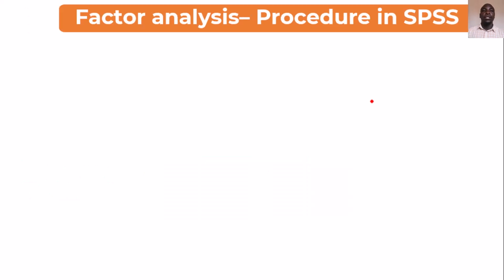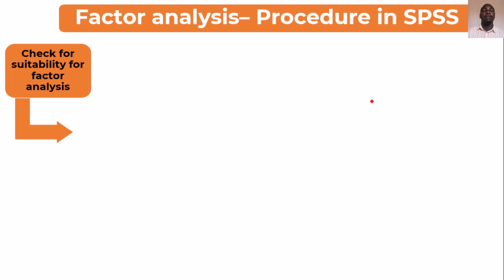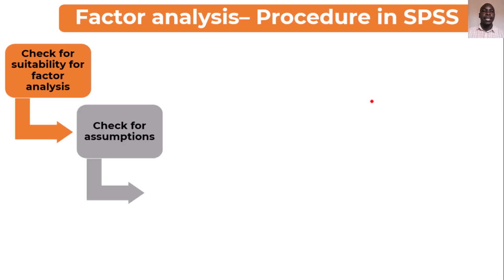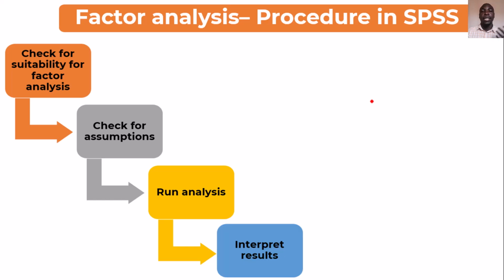So lastly, let us look at the procedure for factor analysis. If you are to do a factor analysis, you're supposed to first check for suitability of your data, whether it meets the conditions for you to analyze it using factor analysis. Secondly, you check for the assumptions of factor analysis, then you run the analysis, and then you interpret the results of your analysis.